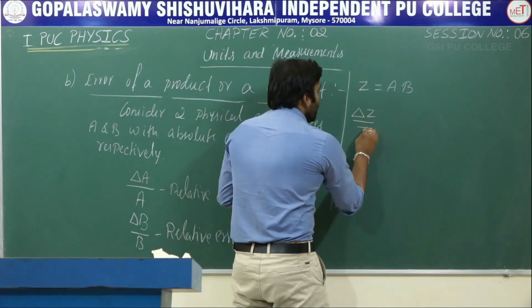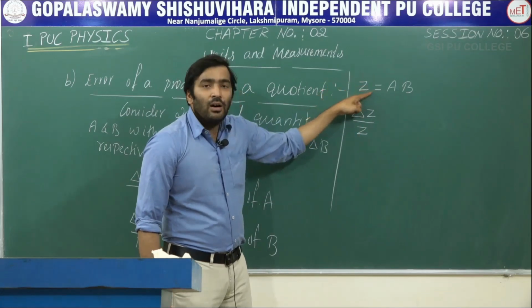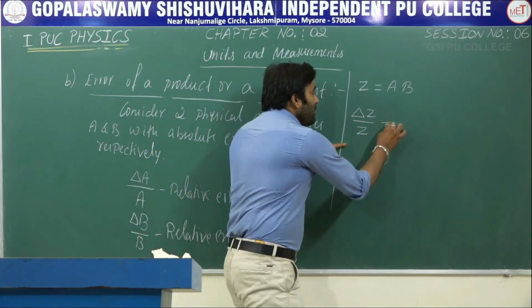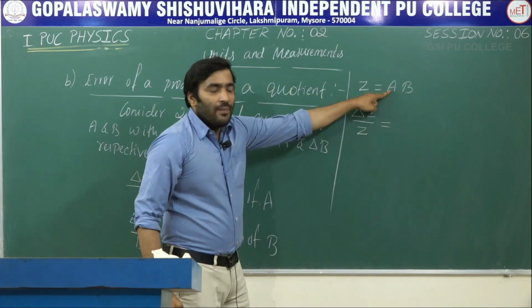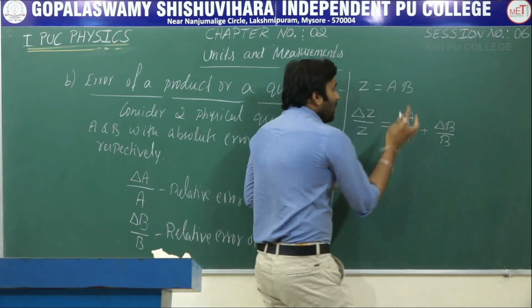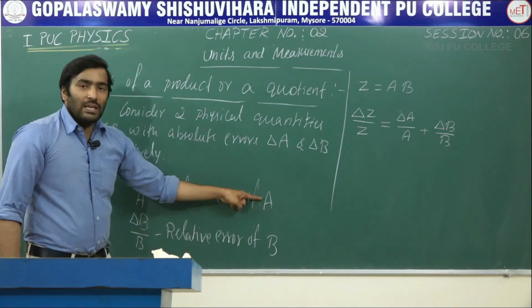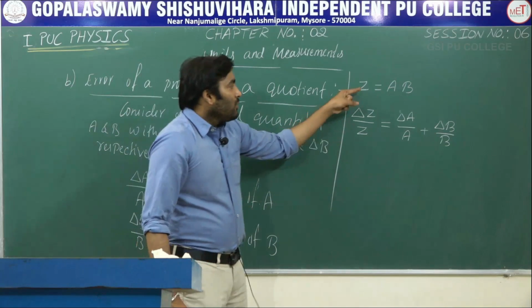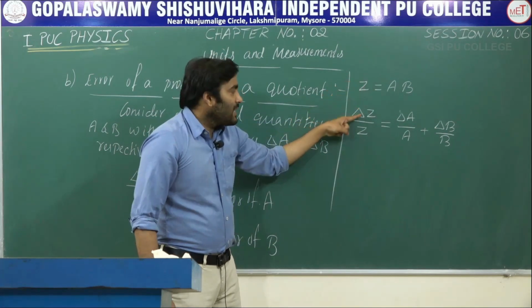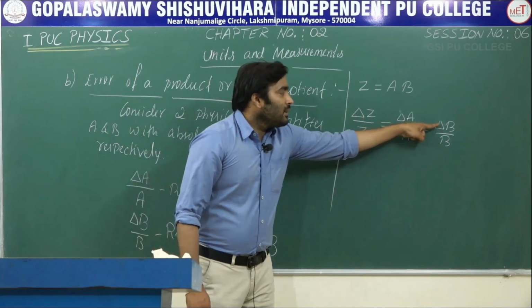Let delta z by z be the relative error of z. Then delta z by z is equal to delta A by A plus delta B by B.